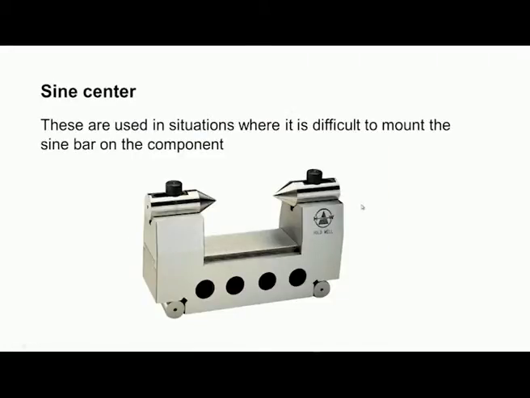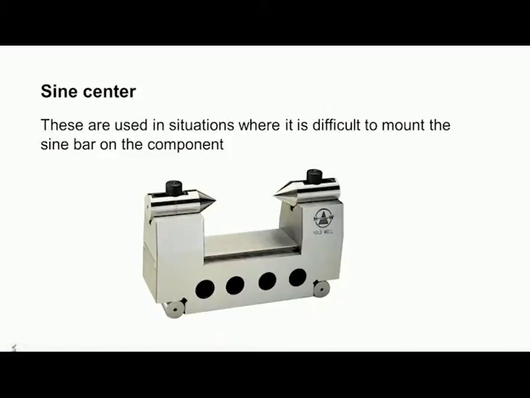Now, another variation of the sine bar is the sine center. You can see here we have the body of the sine center, these are the relief holes, and then we have cylinders fixed to the body of the sine center, and here we have two centers.